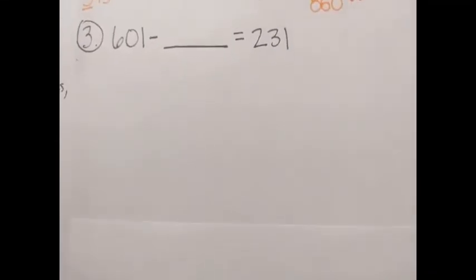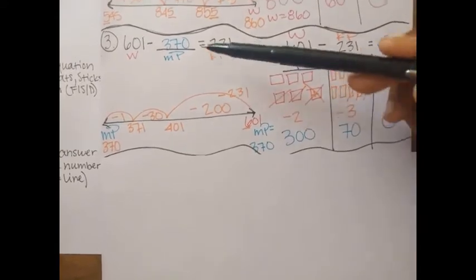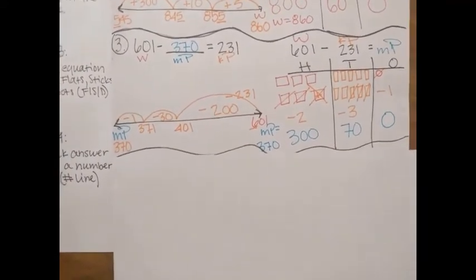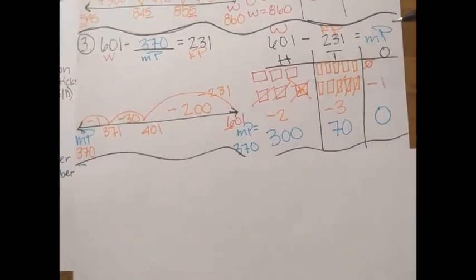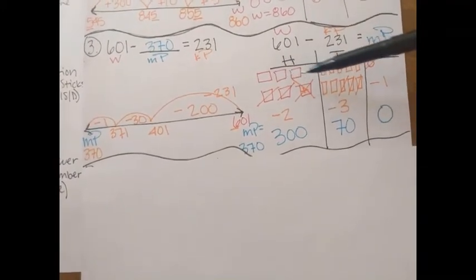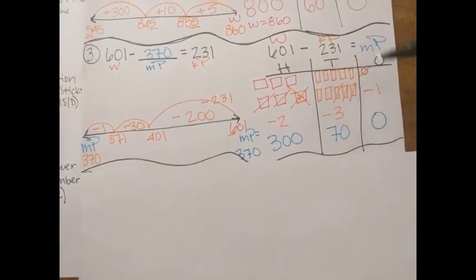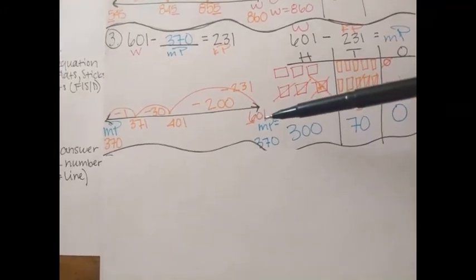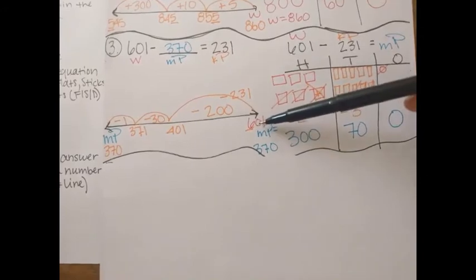Pause the video here. Our answer to our third example should have come out to be 370. If you did not get this answer, make sure that you have made the equation that will help us find our missing part, and you have properly regrouped and filled in your flat sticks and dots chart, and also your number line has to represent the equation for your missing part as well.